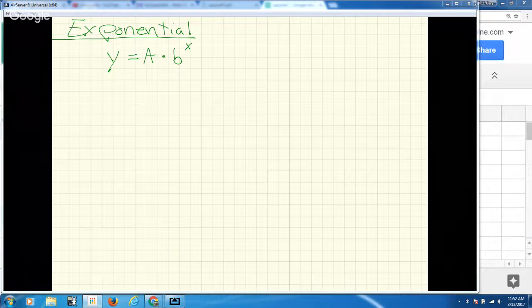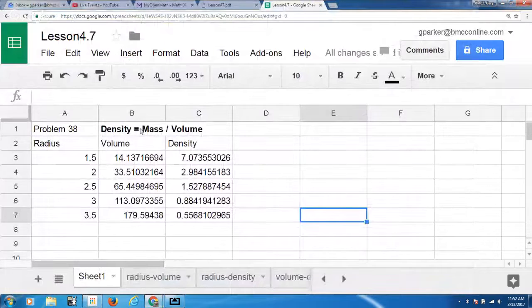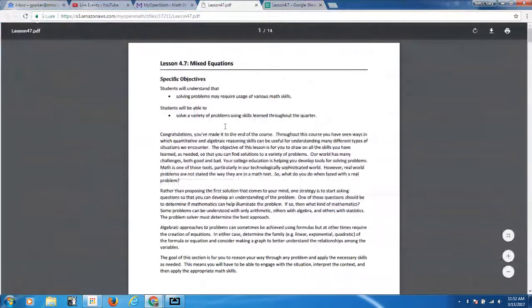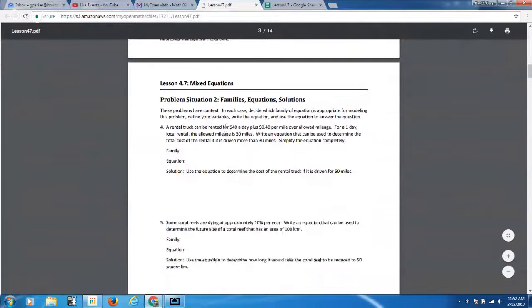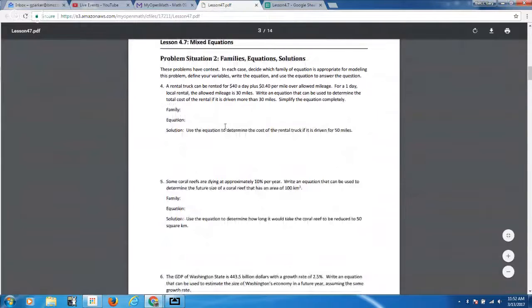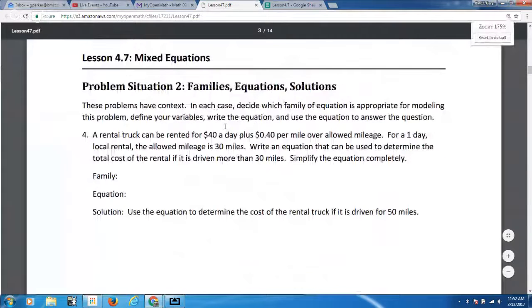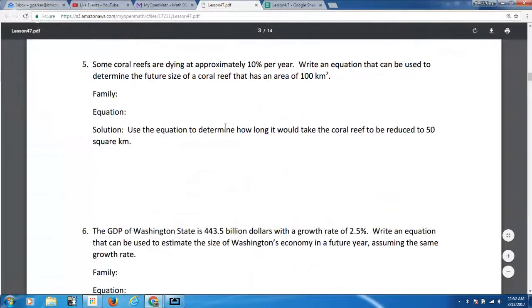So an example of something like this, consider problem number 5 in our worksheet, lesson 4.7. So coral reefs are dying at approximately 10% per year. Write an equation that can be used to determine the future size of a coral reef that has an area of 1,000 kilometers squared. So in this case, a couple of things to consider.